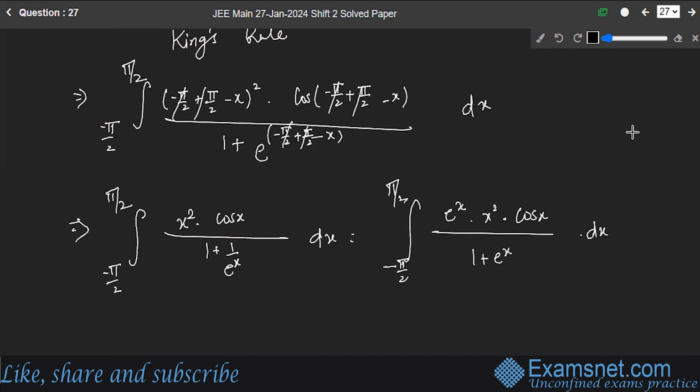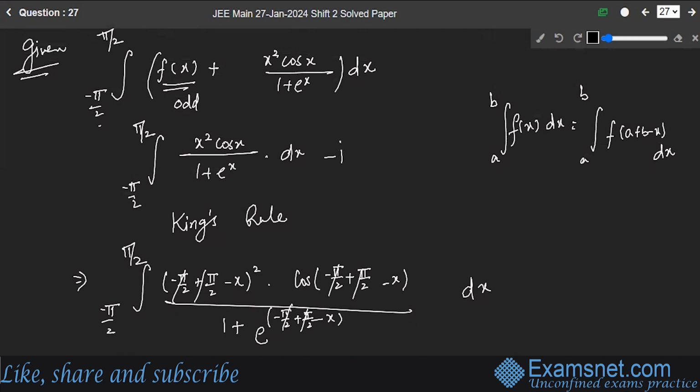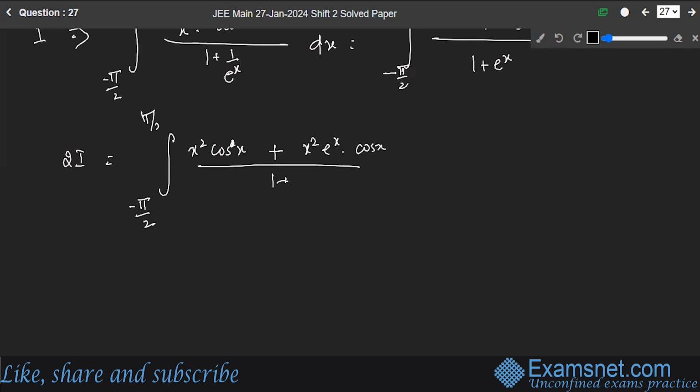Okay, that was, let's say, your I. Let's say this is 2 and this is 1. That was also I. So you will get 2I is equal to limits minus pi by 2 to pi by 2, x square cos x plus x square e power x cos x divided by this dx.